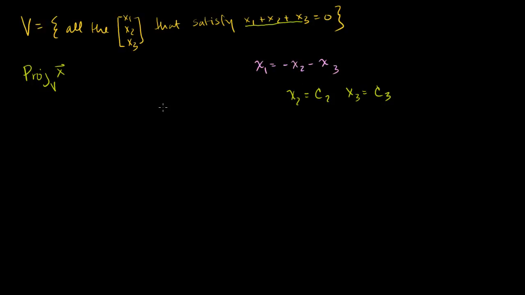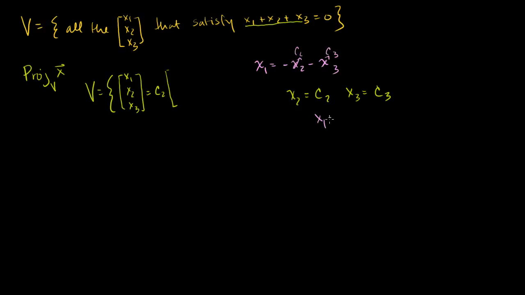Then we can rewrite V. V is equal to the set of all x1s, x2s, and x3s, where x2 is C2 and x3 is C3.